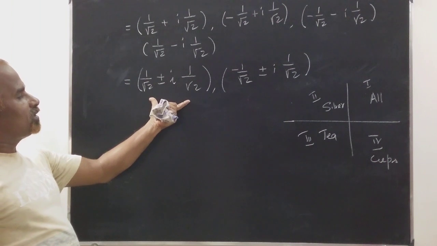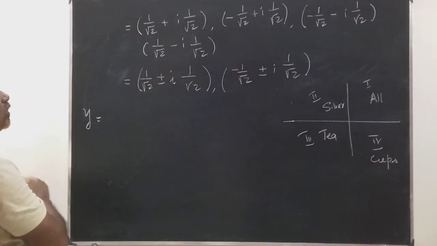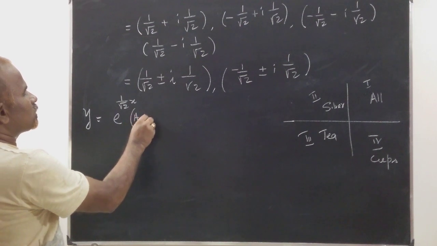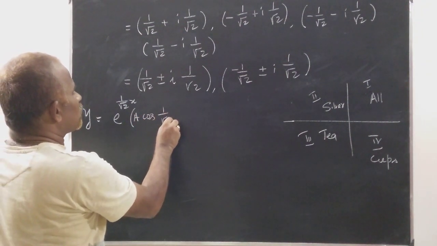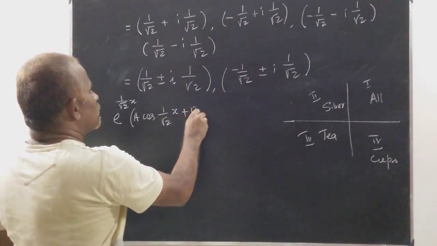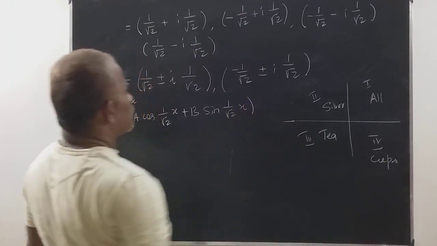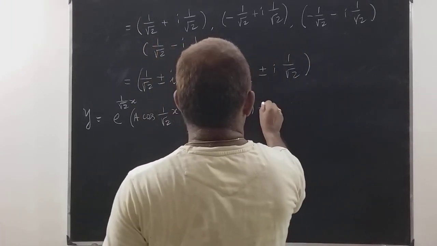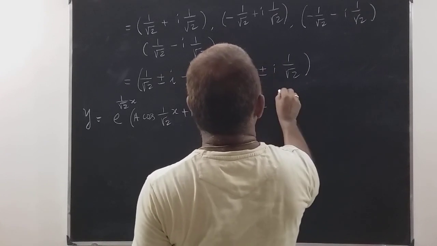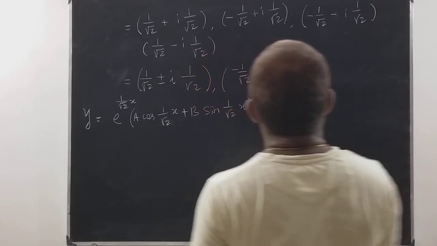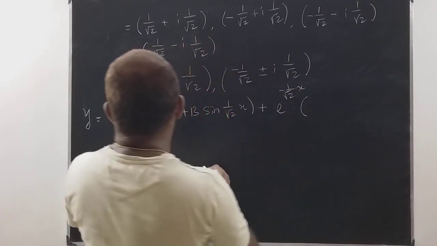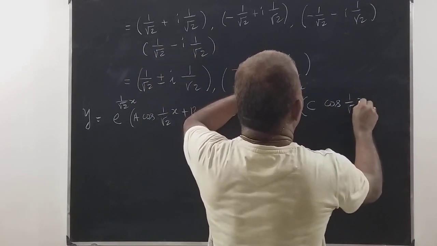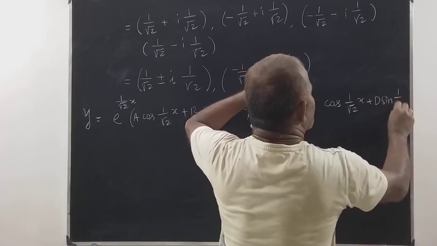Okay. So we know the solution of this differential equation. So therefore the general solution is equal to e power alpha x, therefore e power x by square root of 2 into a cos beta x plus b sin beta x, plus again I can write e power minus x by square root of 2 into c cos beta x plus d sin beta x.